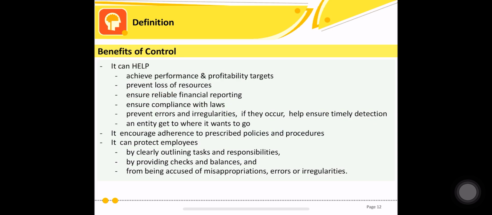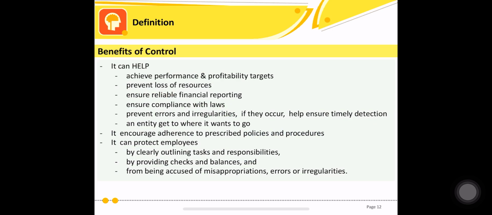That's it. Then, it encourages adherence to prescribed policies and procedures. It can protect employees by clearly outlining tasks and responsibilities, providing checks and balances, and from being accused of misappropriations, errors, or irregularities. So, these are some of the benefits of control.